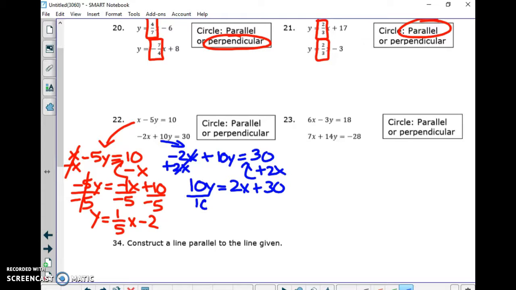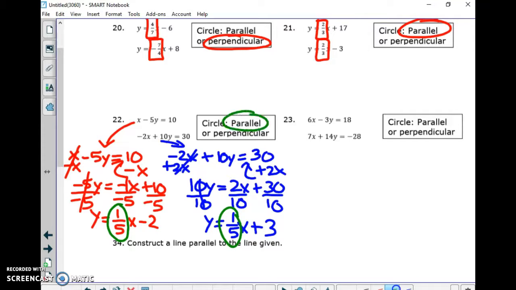And then I divide everything by 10. And I get y equals 2 over 10 reduces to 1 over 5. And you might already see what it's going to be. 30 over 10 is 3. And, like I said, you should see the slopes are the same. So that's going to be parallel.